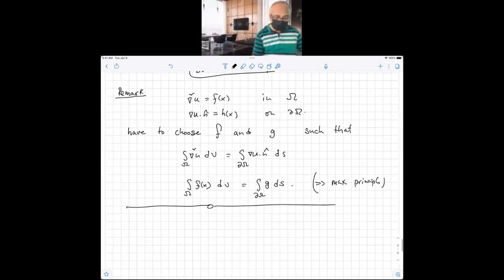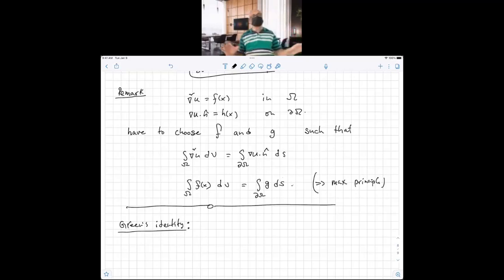So let's look at Green's identity. Also, sorry, I think there is a typo. Thank you.